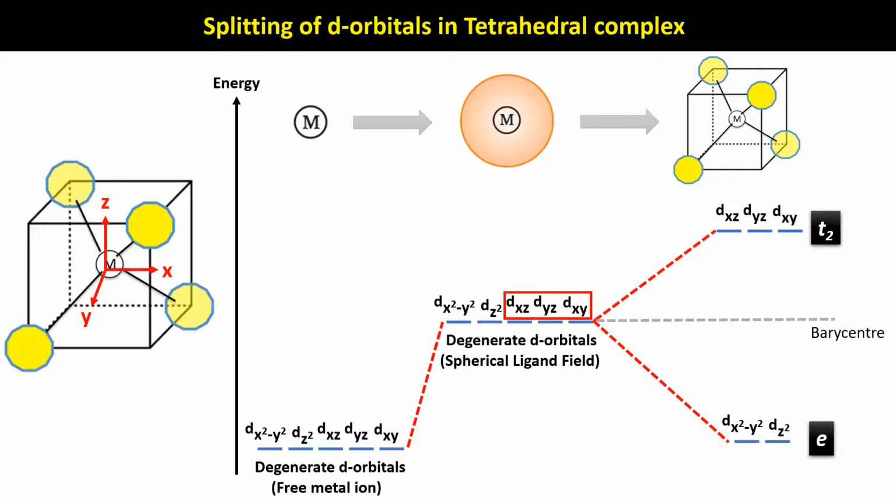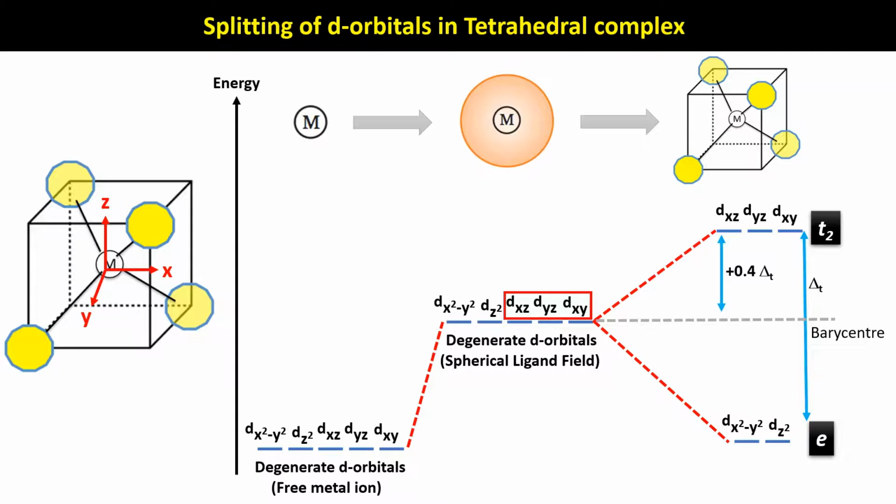The set of dx square minus y square and dz square orbitals is called E, while the set of dxy, dyz, and dxz orbitals is called T2. The g term will not come here due to lack of center of symmetry. The difference between T2 and E is denoted by delta T, where T stands for tetrahedral.